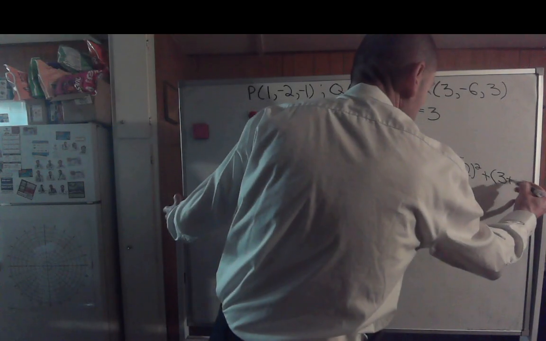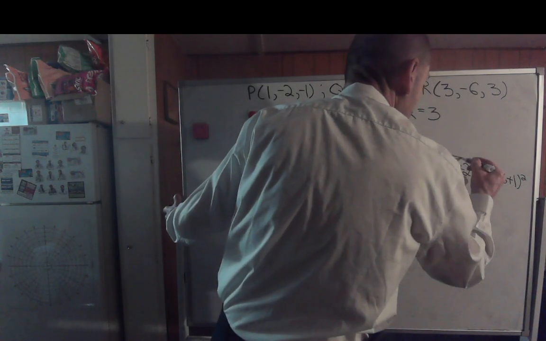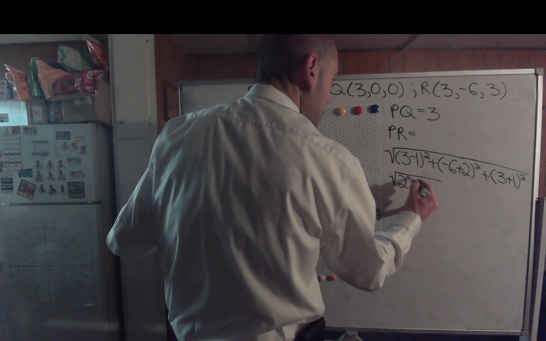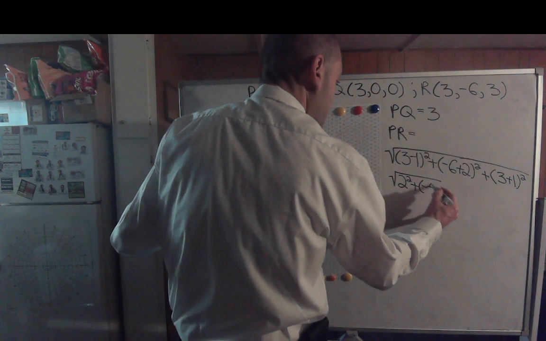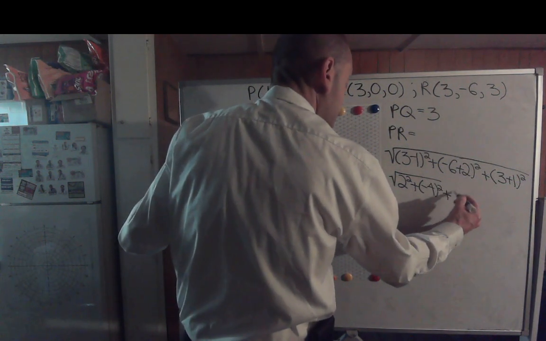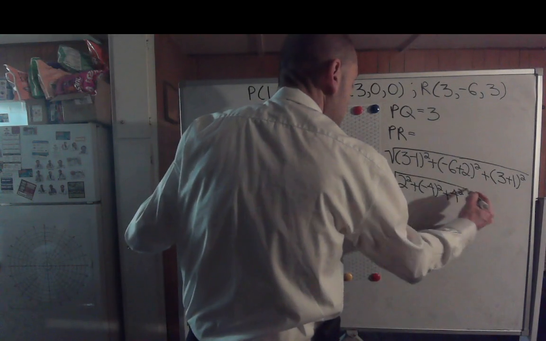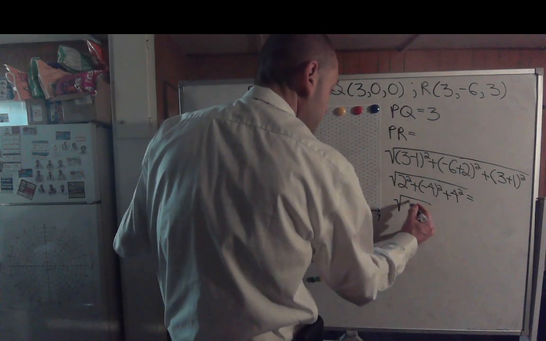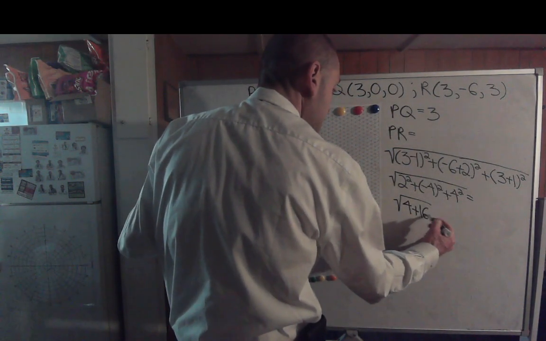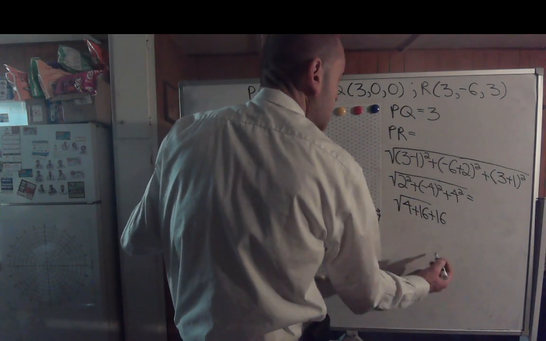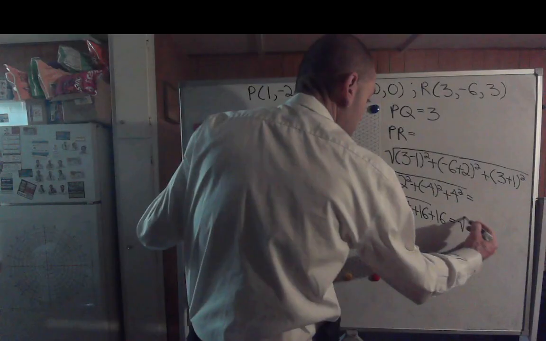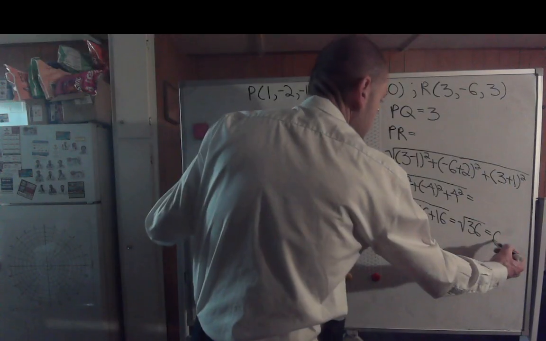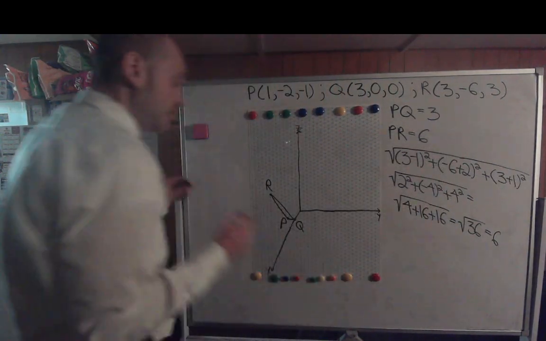This would turn into 3 plus 1 quantity squared. That's going to simplify into 2 squared plus negative 4 squared plus 4 squared, which would end up turning into the square root of 4 plus 16 plus 16, which is the square root of 36, which would just be 6. So side PR has a length of 6.